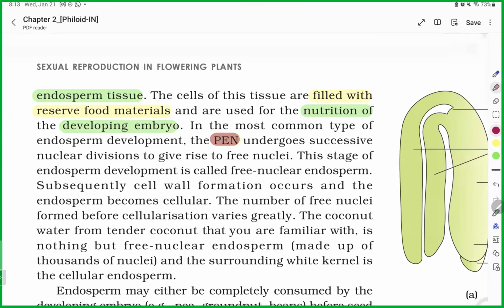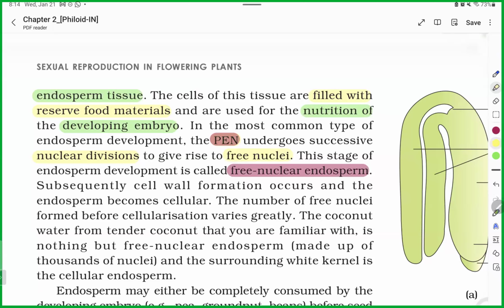Primary endosperm nucleus will undergo continuous nuclear division and give rise to free nuclei. Free nuclei means multiple, hundreds of nuclei are present because nucleus is continuously dividing. Understood? And such type of development of the endosperm is known as free nuclear endosperm, an endosperm in which nucleus is freely dividing.